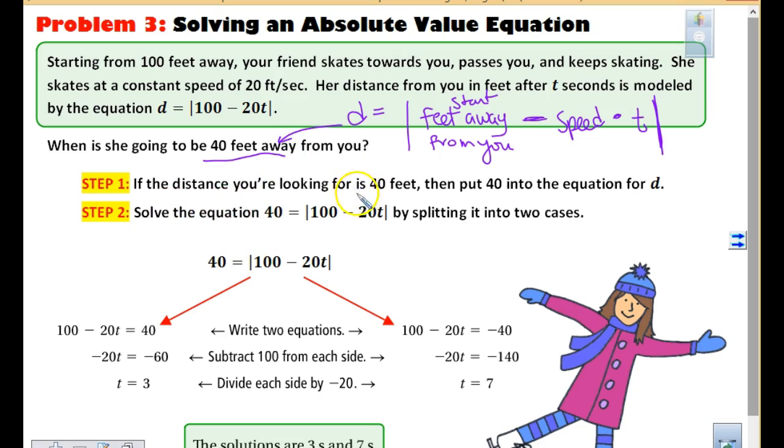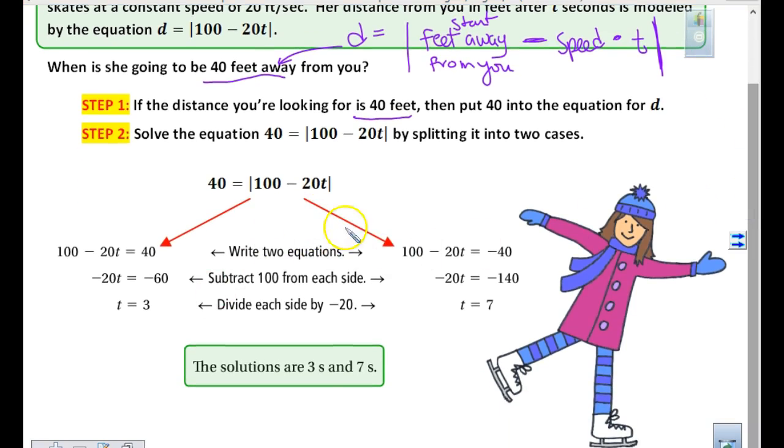Since we're trying to see when they're going to be exactly 40 feet from you, we put that first, equals the absolute value of 100 minus 20t. You're going to split it into the two equations. One equals positive 40, one equals negative 40. You're going to subtract the 100. Negative divided by negative. Here the time is 3 seconds. Here the time is 7 seconds.